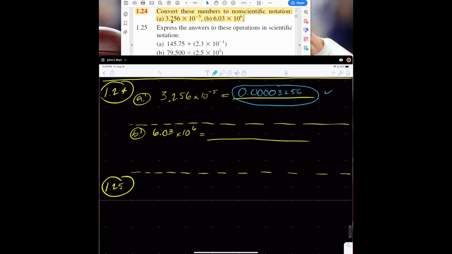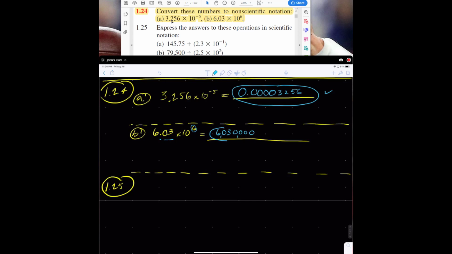So we're going to move this decimal from our original 6.03 to the right 6 spaces. Because we have a decimal point here and then we have 2 sig figs, since our n exponent is 6, I'm simply going to write this number as 603, and I'm going to add 4 zeros after the 3. 1, 2, 3, 4.